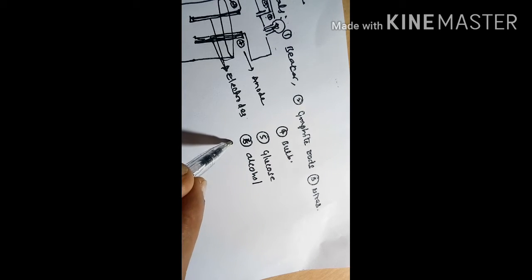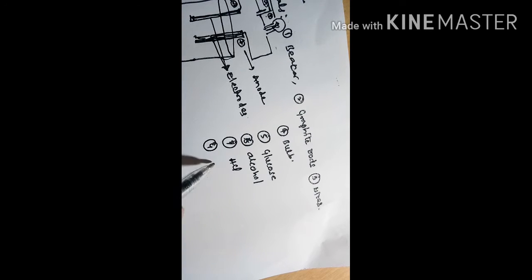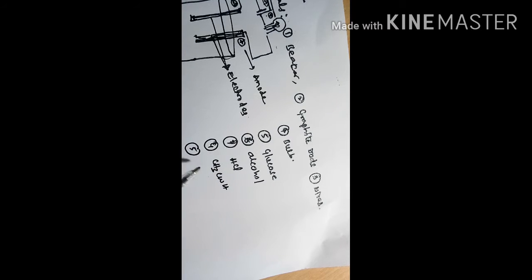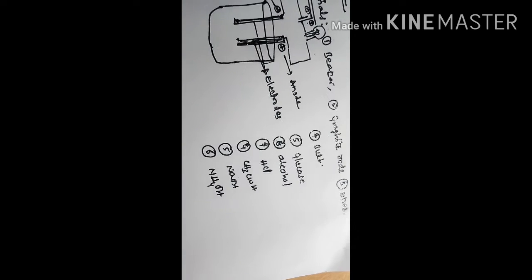Third is HCl solution. Fourth is CH3COOH solution. Fifth is NaOH solution. Sixth is ammonium hydroxide solution. So these are the different solutions we took.